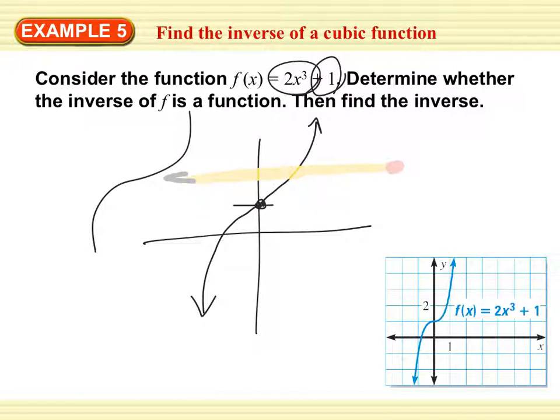If I take my pencil and I hold it horizontally and I only cross my graph at one spot, then yes, it is a function. Cool? So we have determined that this is a function, and since we say yes, we've determined the inverse of f is a function. Then once we say yes, I need to find the inverse.